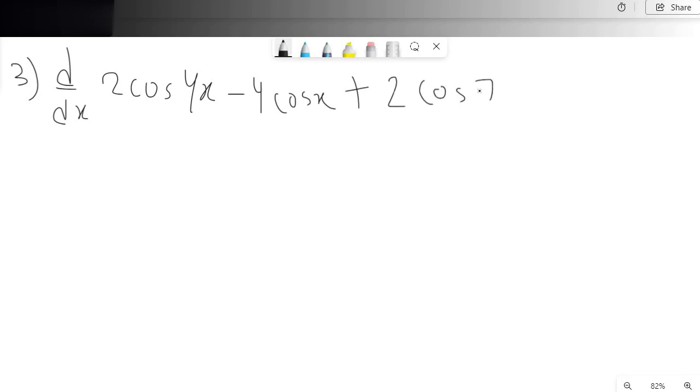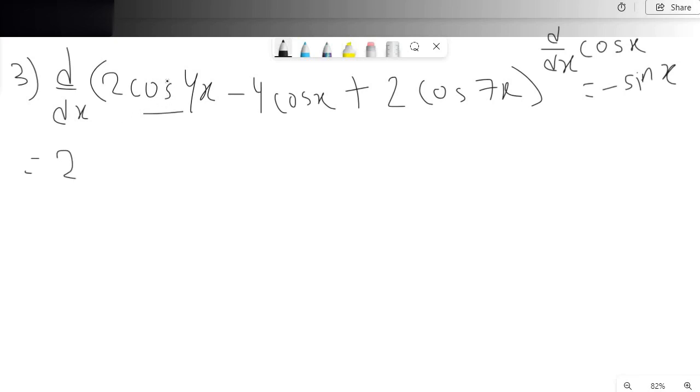So for number 3, we have to find out the derivative of 2 cos 4x subtracted by 4 cos x plus 2 cos 7x. Now if you remember the derivative of cos x, which is d/dx of cos x, being minus sin x, so differentiating we get 2 multiplied with the differentiation of cos 4x, so we have minus sin 4x.